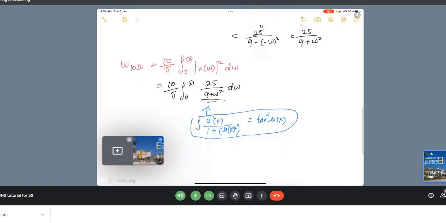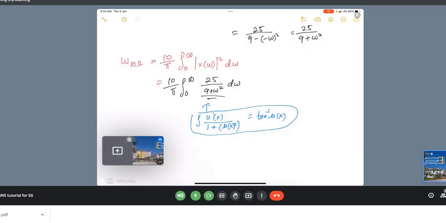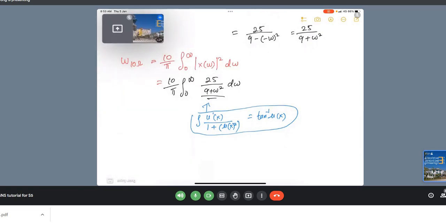So we need to fulfill this type of format, then only we can use this formula. From 0 to infinity, we want u prime divided by 1 plus u(x) squared.